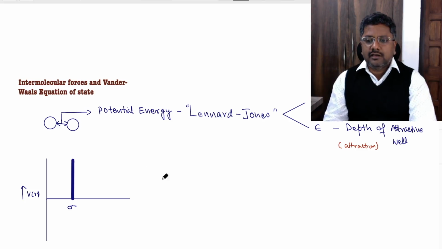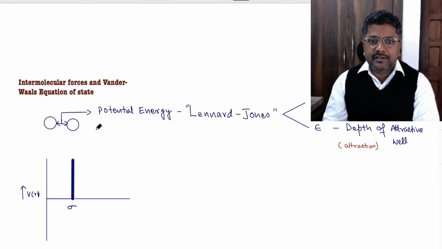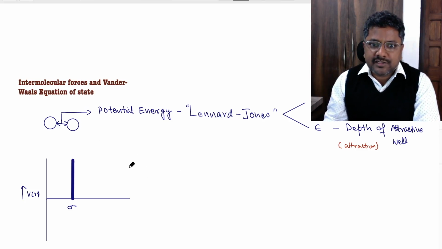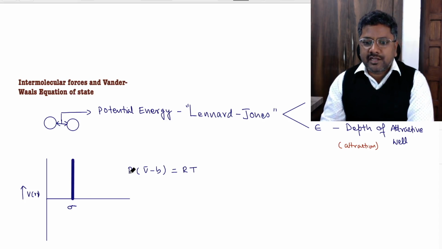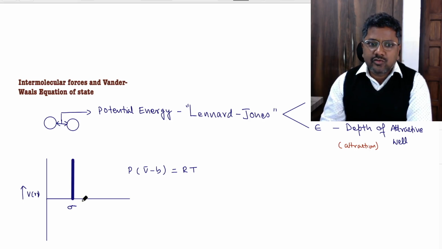So when a gas obeys the equation of state P(V minus b) is equal to RT, then this potential energy can be expressed in this form, right? Because there is no force of attraction, your graph will not go down here.